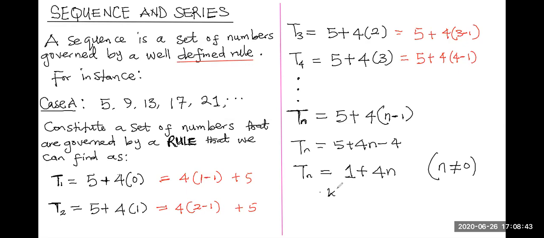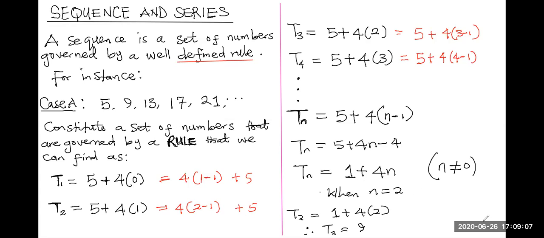What do you notice? T2 is equal to 1 plus 4 multiplied by 2. And 4 times 2 is 8, plus 1 is 9. So you have T2 is equal to 9, which is what we have here. I hope you understand this.